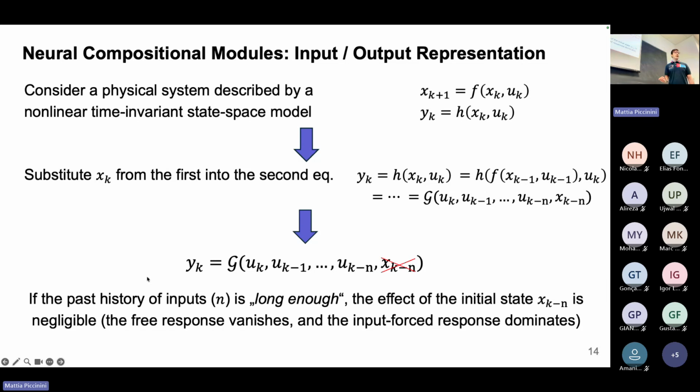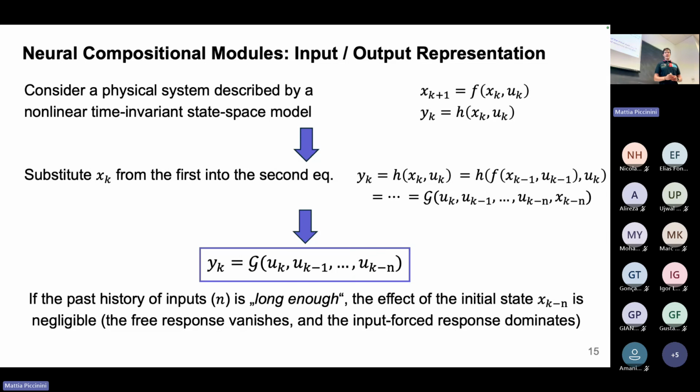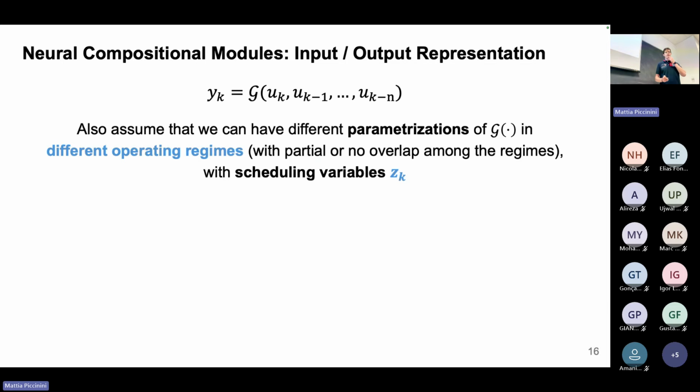This holds for any dynamical system, for any nonlinear system. It's very general, and you can simply derive it as we've shown here. The forced response at the end dominates. So we can simply remove the initial state if we go backwards enough, and this is our new representation.